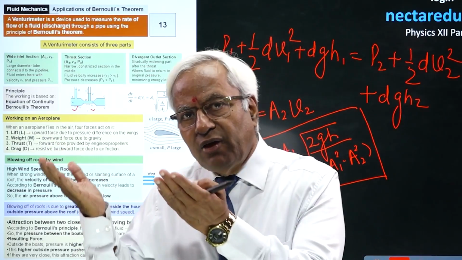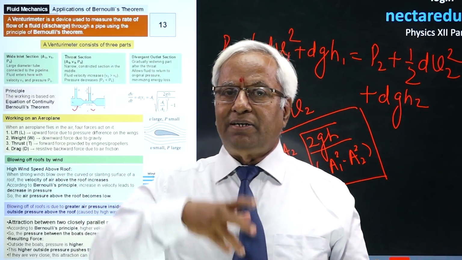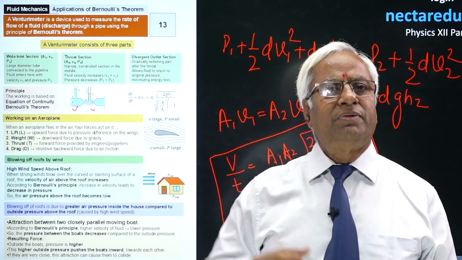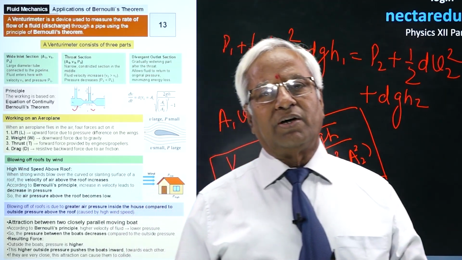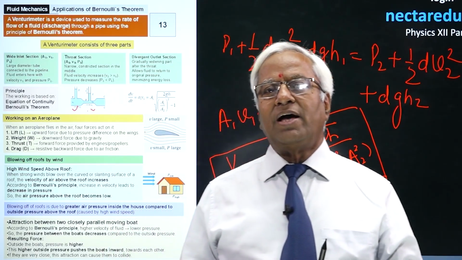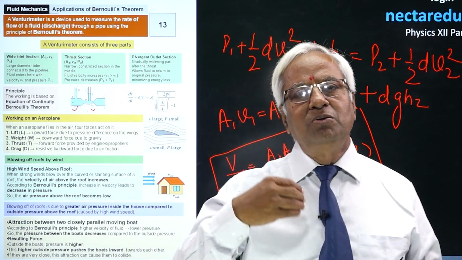The flying of the aeroplane is based on Newton's third law, but it doesn't fall down. This is based on Bernoulli's theorem. So, credit goes to both the laws. If you are enjoying the facilities of the aeroplane, you have to assign the credit to both Bernoulli and Newton as well.